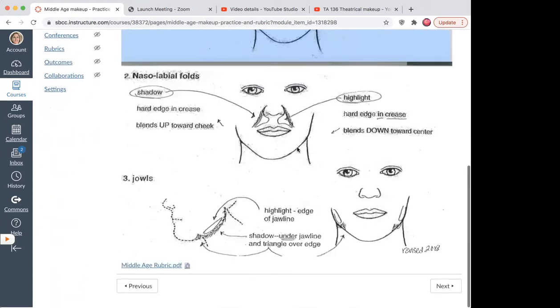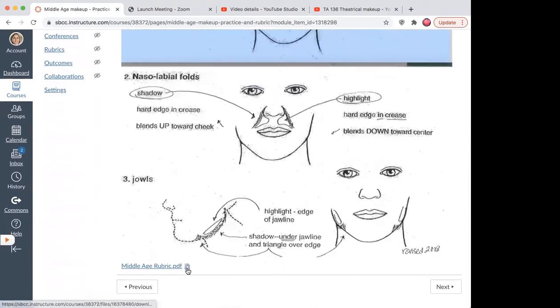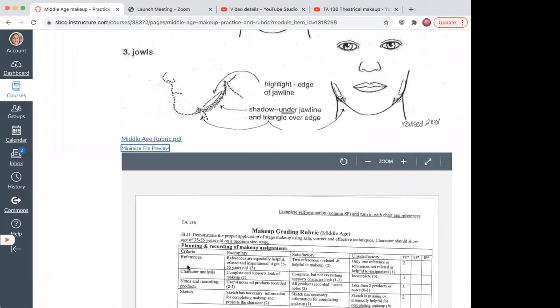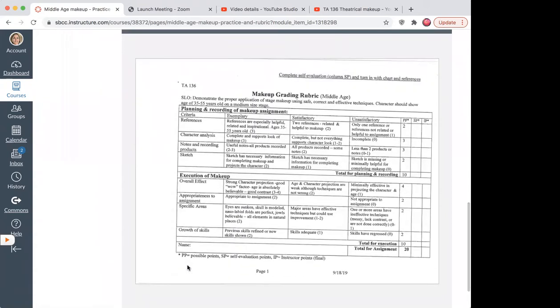So this has a full rubric, which we will look at, and you can download. Again, you're going to want your references, age 35 to 55 years old. It's very helpful if they're large and if they reflect your face shape, because what you're trying to do is see how is my face going to age?